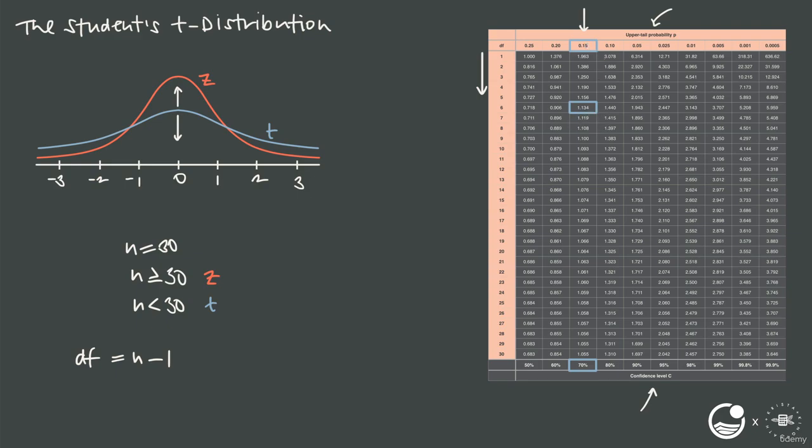Now, the only other thing we really want to say at this point is that, of course, all of these values are important and useful, but the values that we will use by far the most often are given by 90 or 95% confidence or 99% confidence.